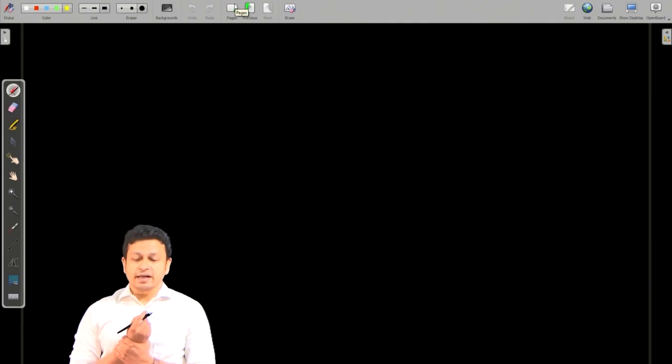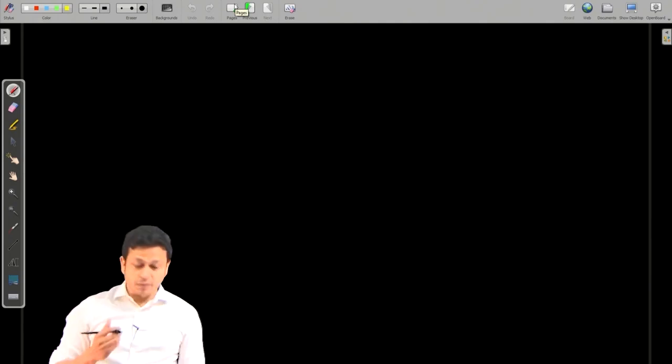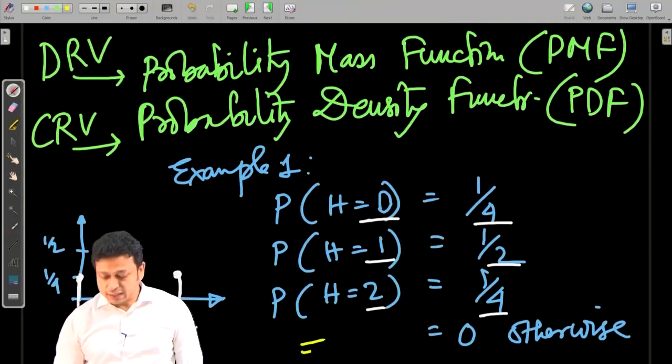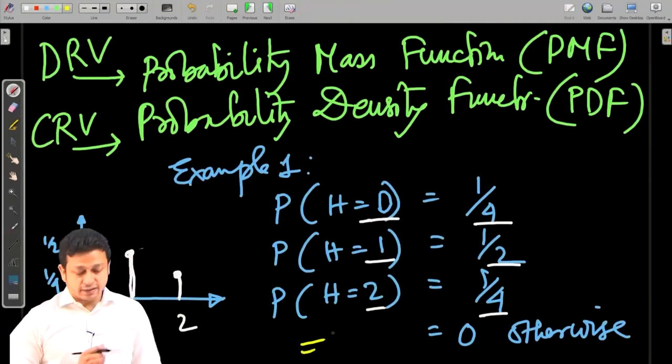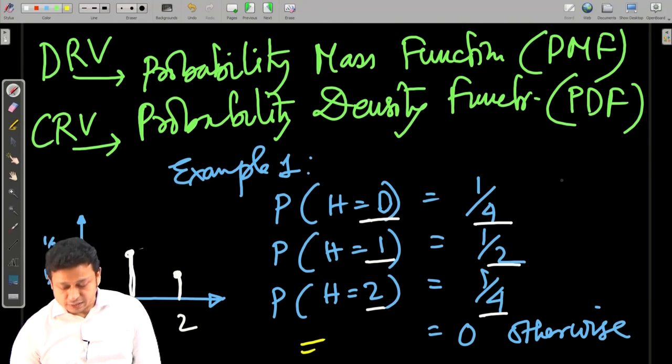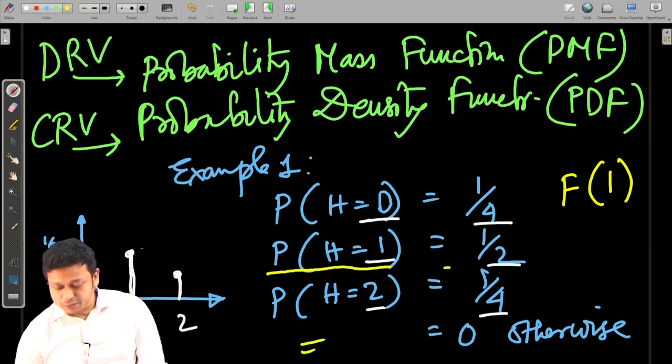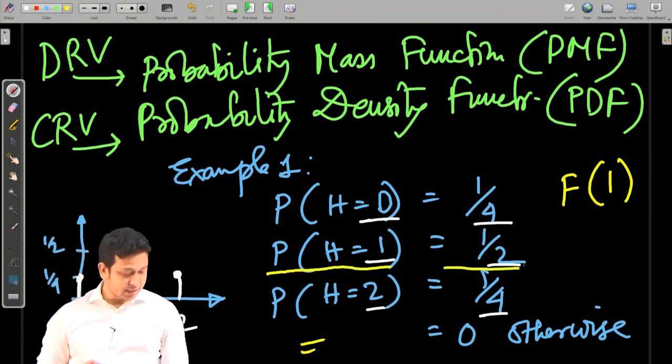Now, let us go back to the example of this coin tossing, and here I ask you f of 1. Which means I am asking you, head could be 1 at maximum. So, that is the maximum.